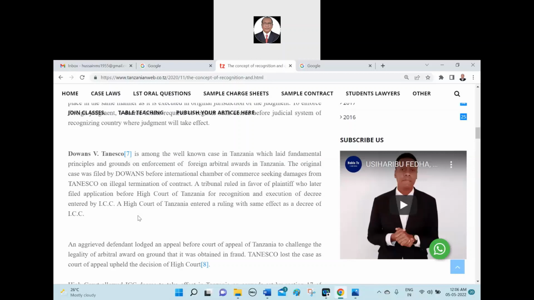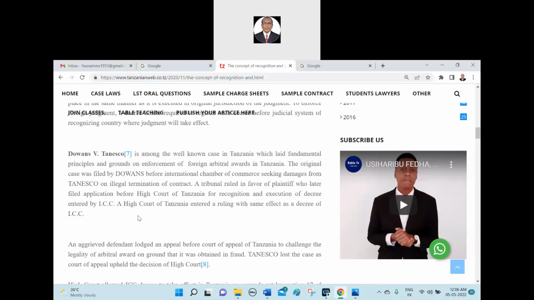The Court of Appeal was challenging the legality of the award from the ICC. No. They said whatever the High Court has given is right.